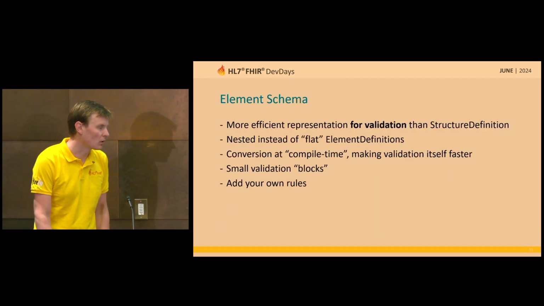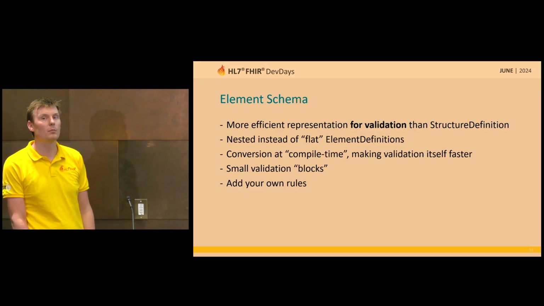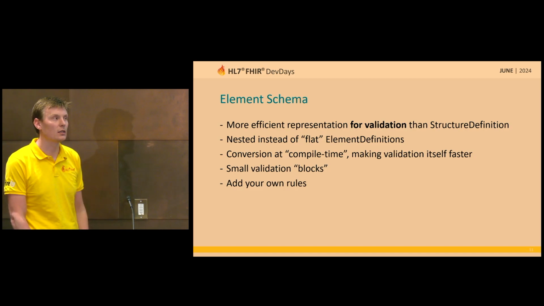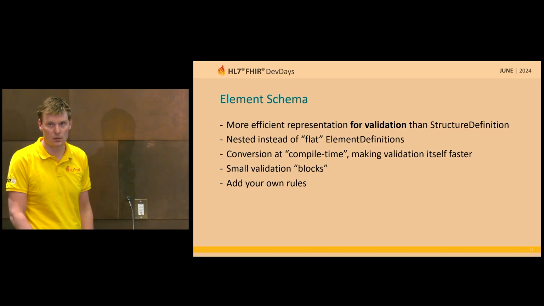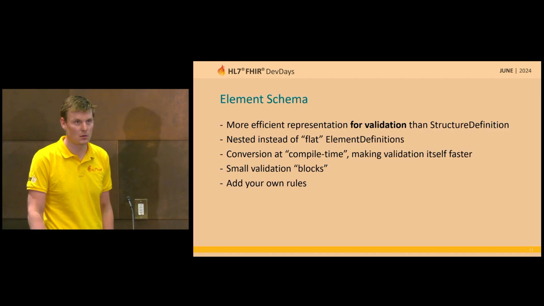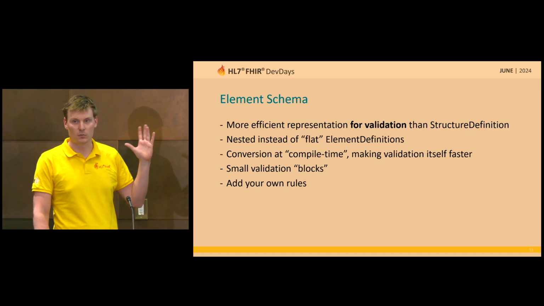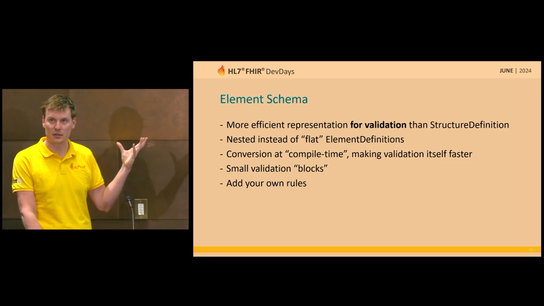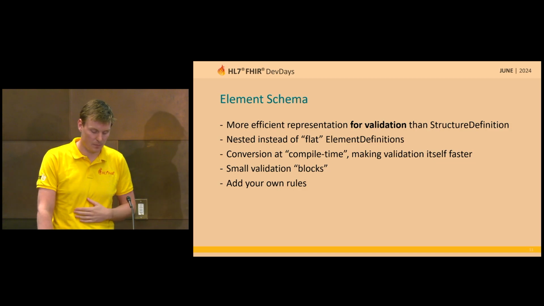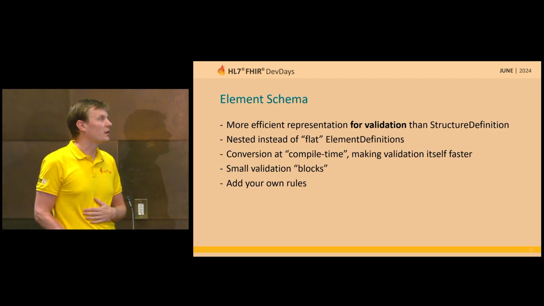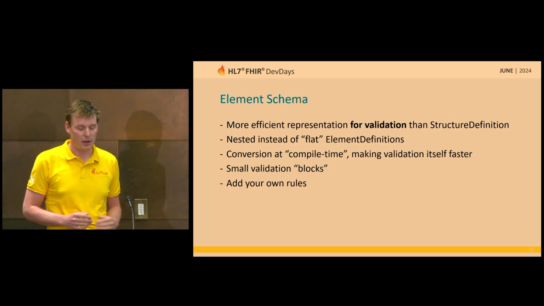Now, for something a little bit more complicated, I want to talk about how we actually developed the validator, and why this is the main reason it's faster than the legacy validator. We use something internally called element schema.